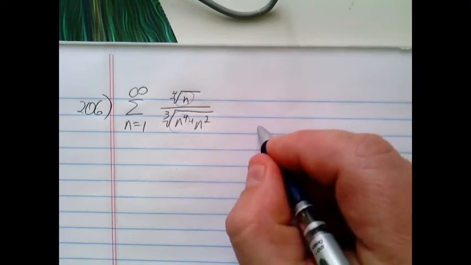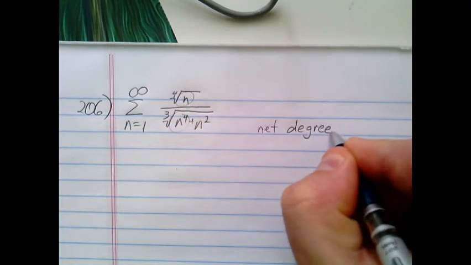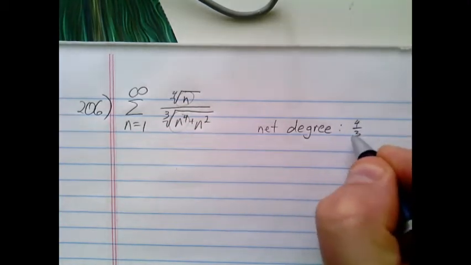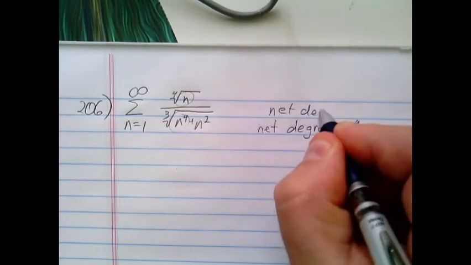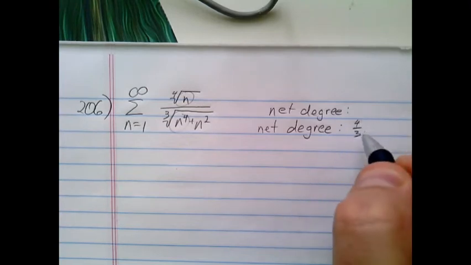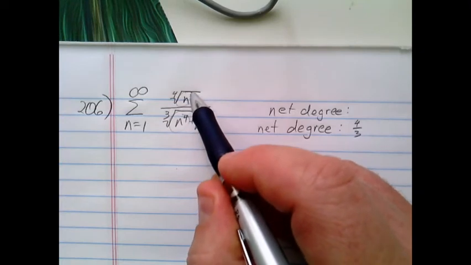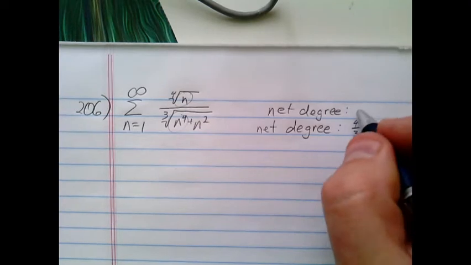Okay, so here my net degree in the bottom is 4/3. In the top, my net degree, now I'm making this term up, net degree, but this is kind of how I think through these problems. I see a power of 1 but a root of 4, so that's really n to the 1/4.